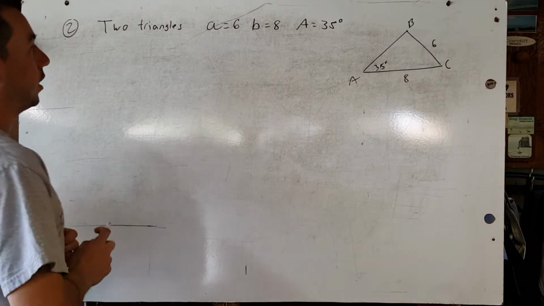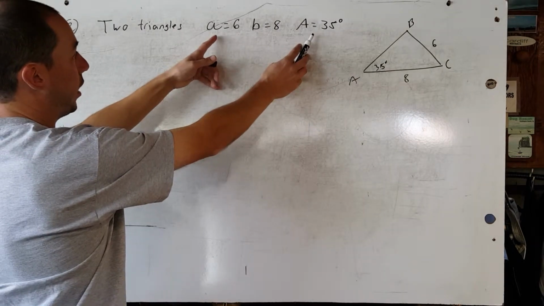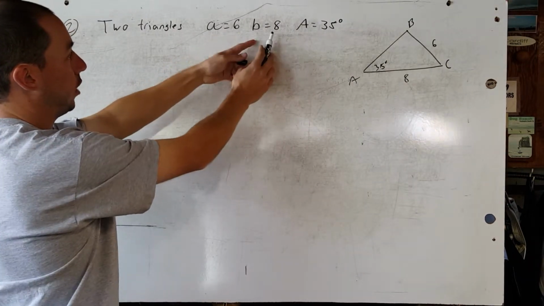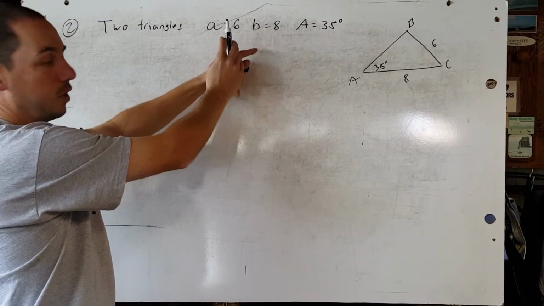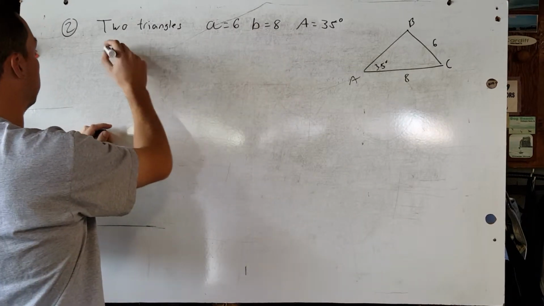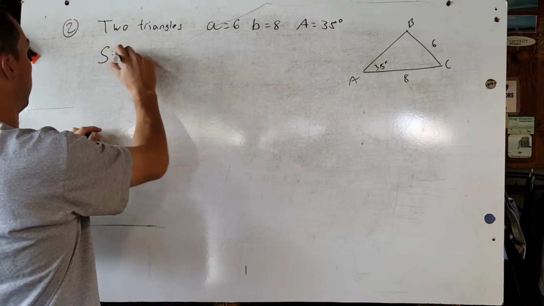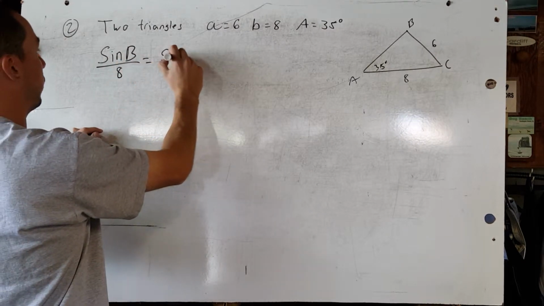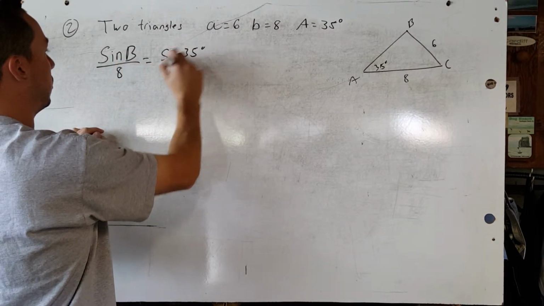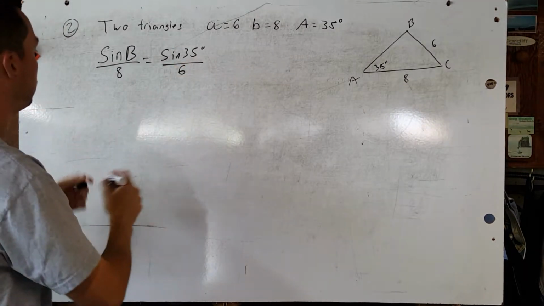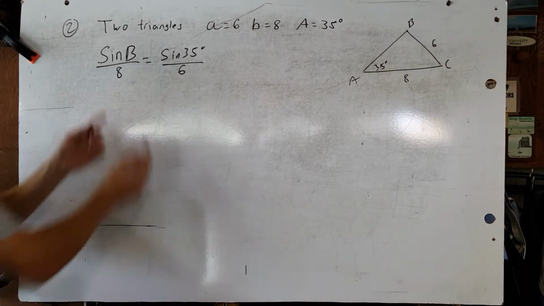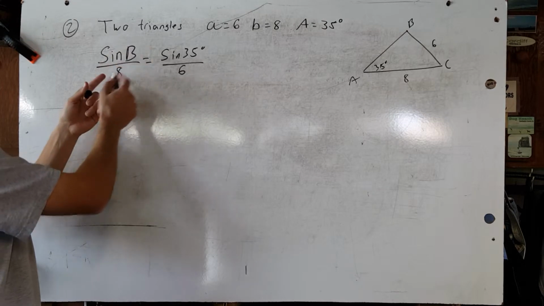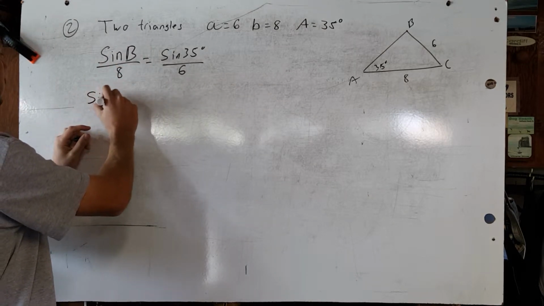So I've been given a pair, an angle and its opposite side. I've been given side b. The only thing I can solve for right now is angle B. So the sine of B over 8 is equal to sine of 35 over 6. I don't need to cross multiply here, my variable is in the numerator where it should be. Just multiply by 8.